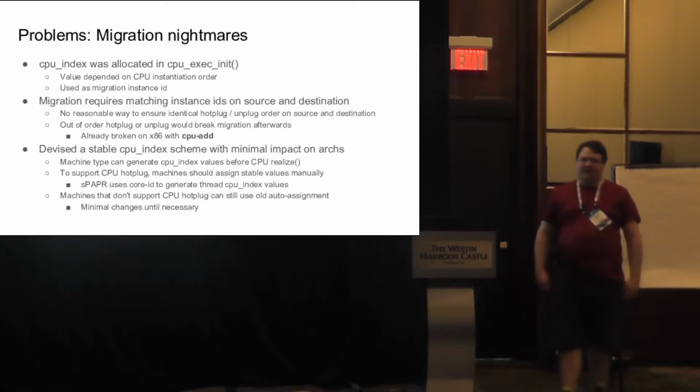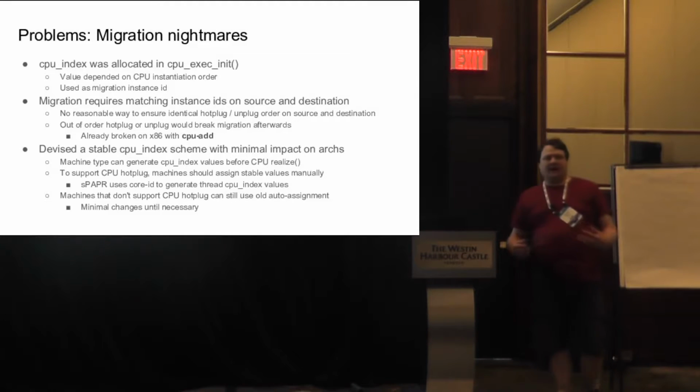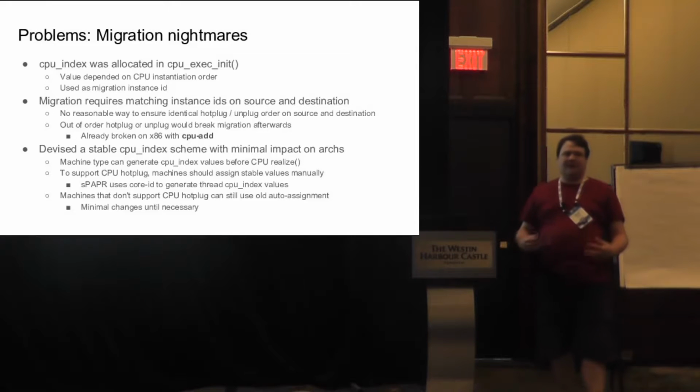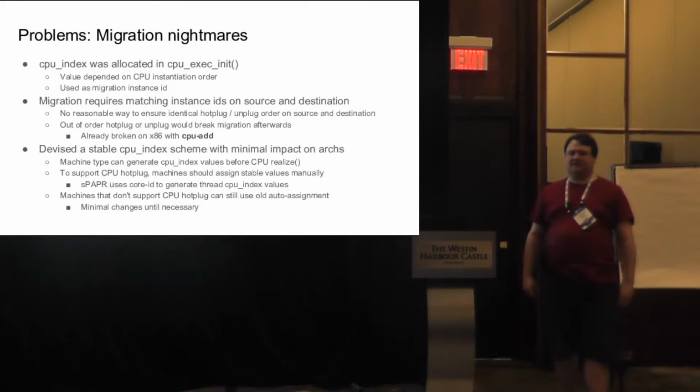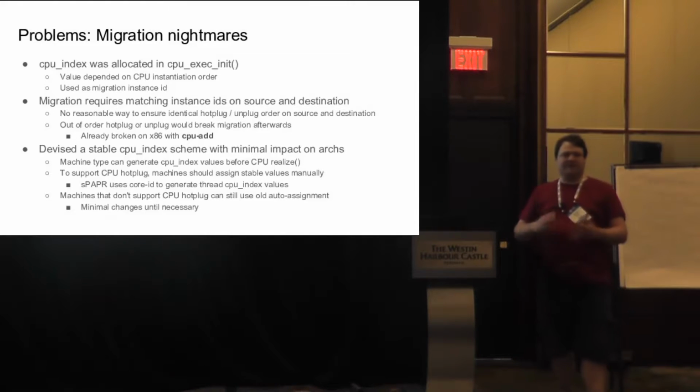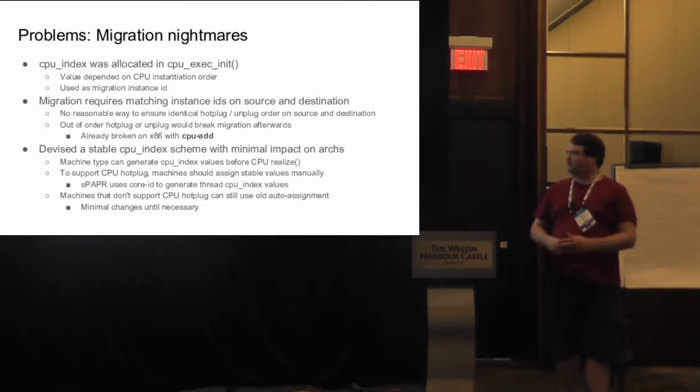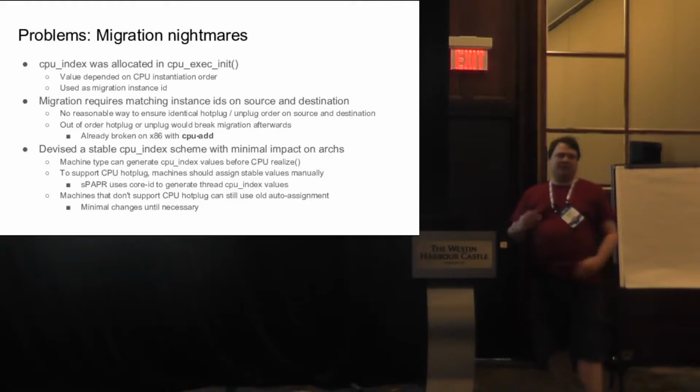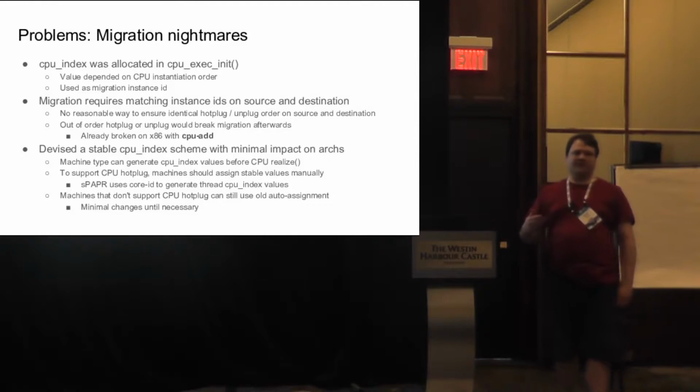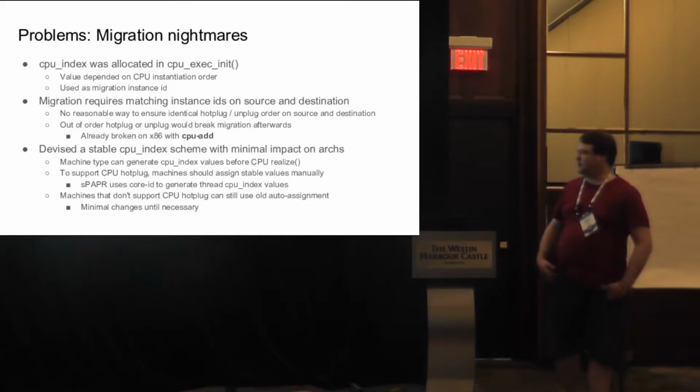The way we've done that is that a machine type is allowed to allocate CPU index values in some machine-dependent but stable way before the CPU is realized. And that's a prerequisite for allowing CPU hotplug. If you want to allow CPU hotplug on your machine type, you must allocate CPU index values stably rather than just using the default instantiation order-based method.